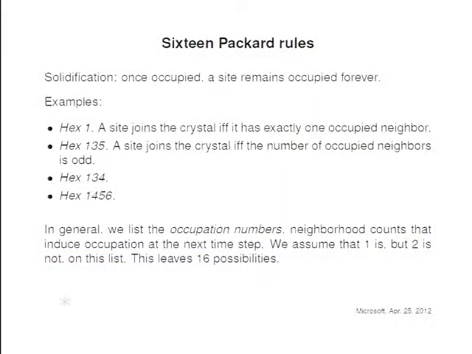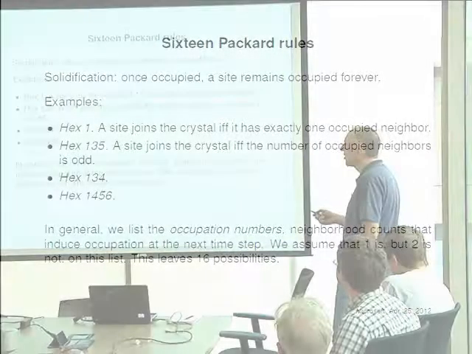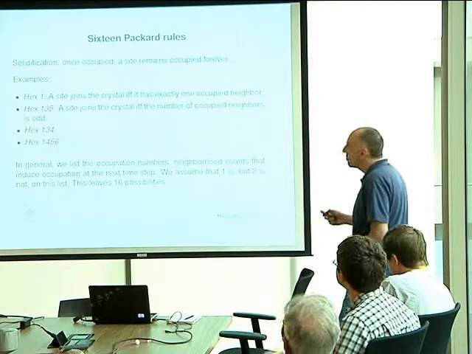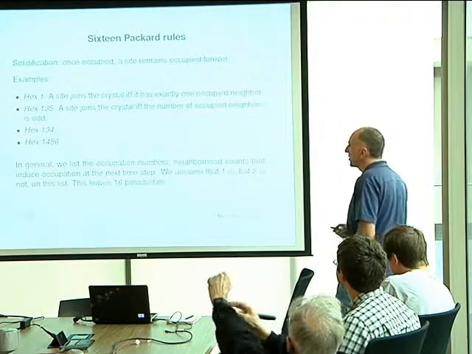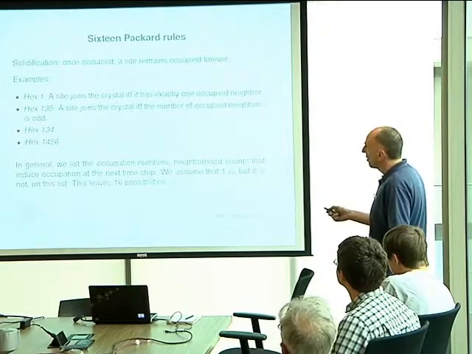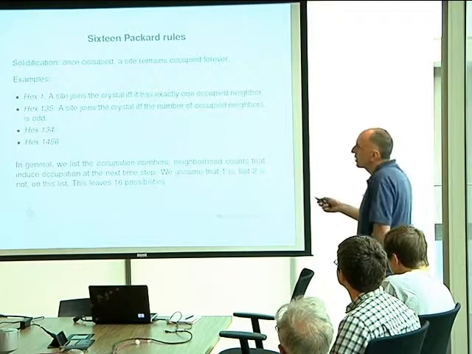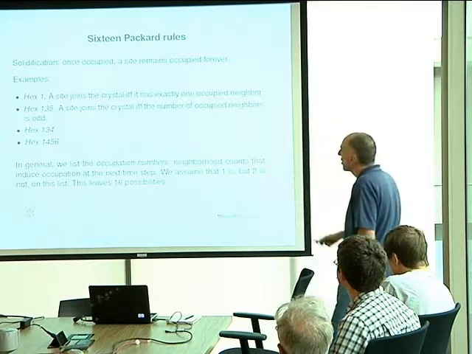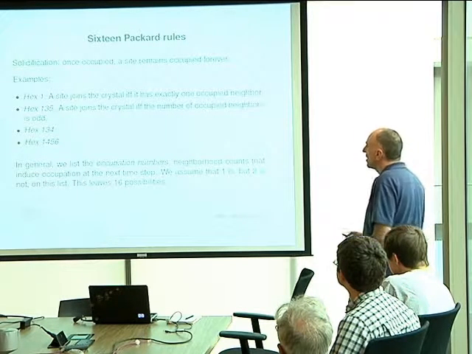So let me just explain the notation for you. I'm not going to go into any detail. So these are the Packard cellular automata that I was describing before. So they're monotone. We call them solidifying. So once occupied, the site remains occupied forever.